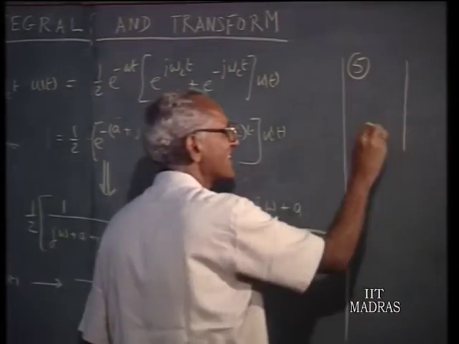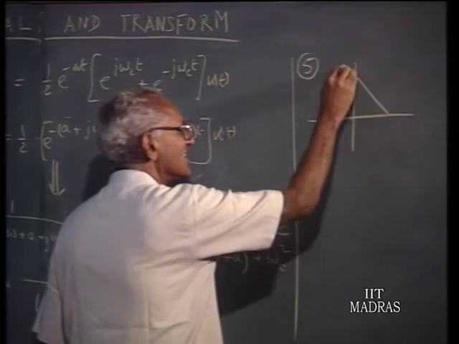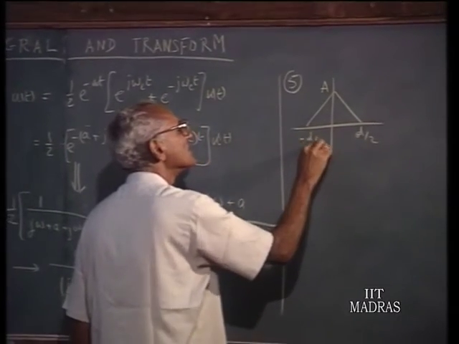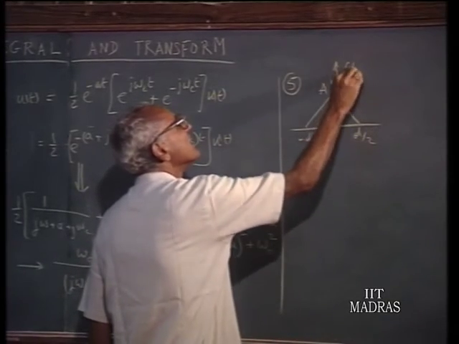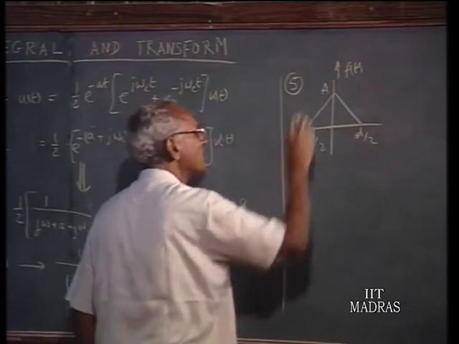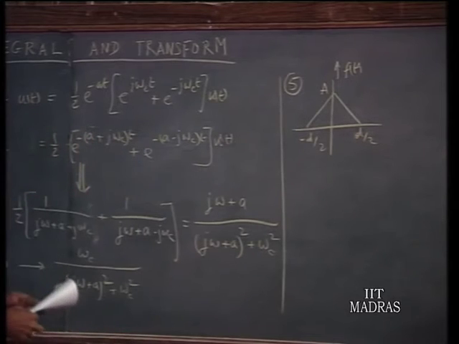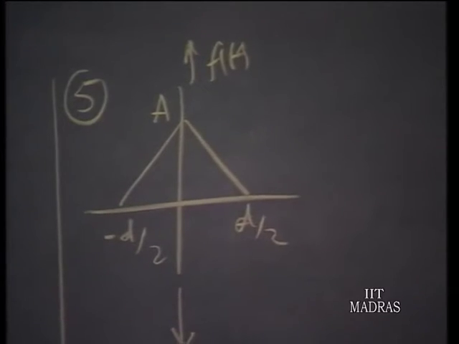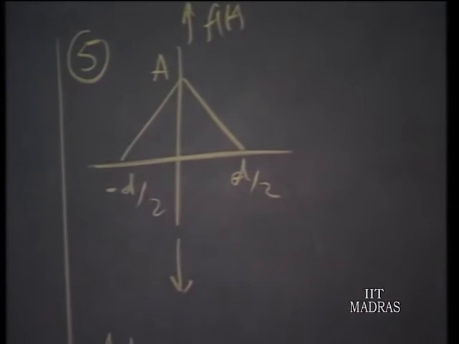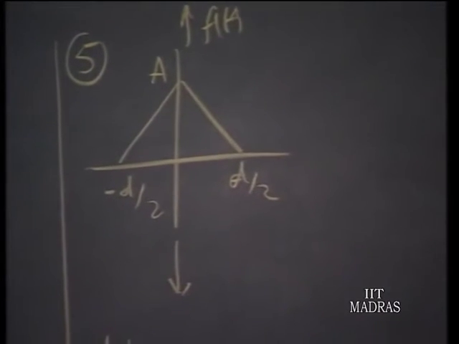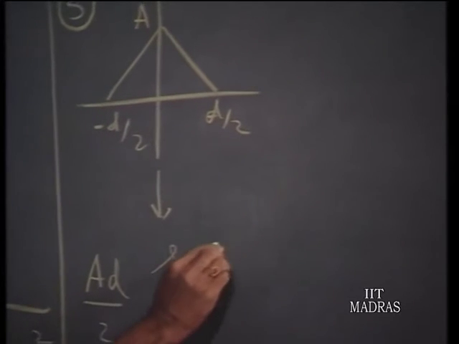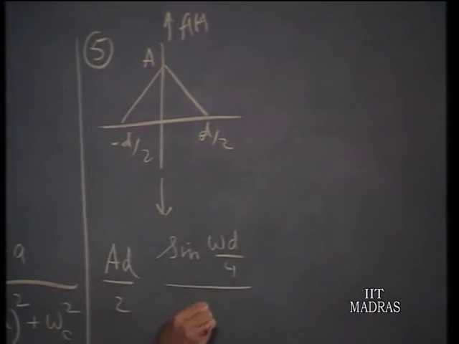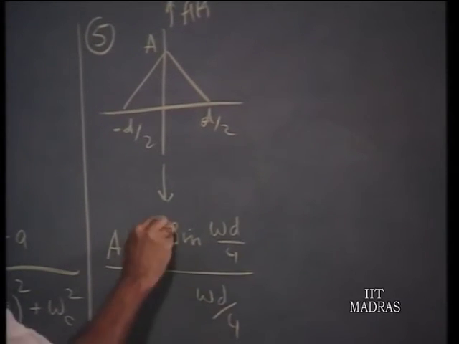And a last example, if I have a function like this, f of t. So, it is a pulse in the form of a triangle lasting from minus d upon 2 to plus d upon 2. It can be shown that this will have a Fourier transform which is equal to a d upon 2 times sin of omega d upon 4 by omega d upon 4, squared.